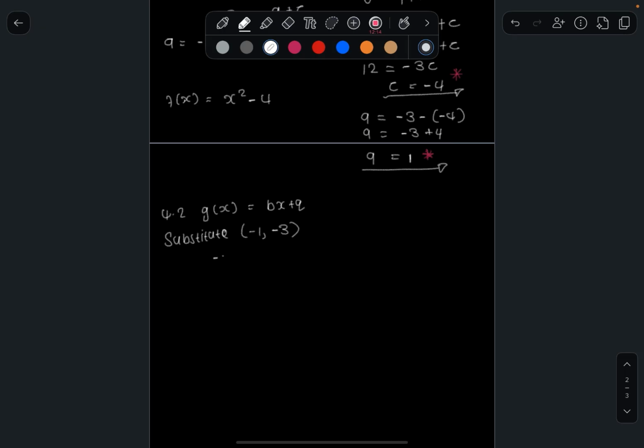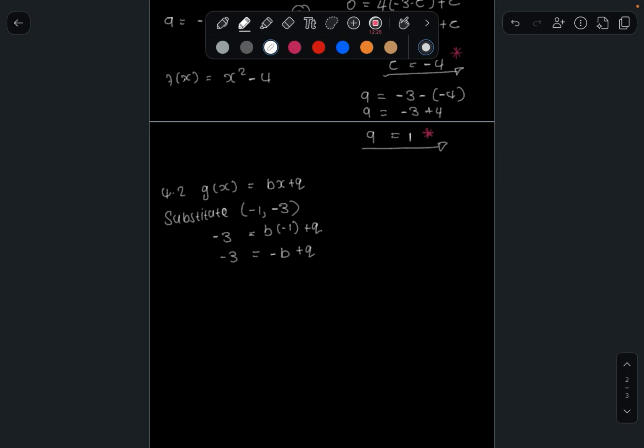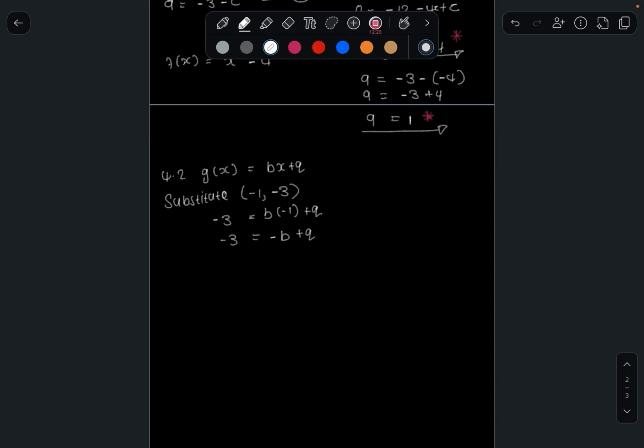Negative 3 equals b times negative 1 plus q. Basic simultaneous equation, and then we can make q the subject. So negative 3 plus b, 1.